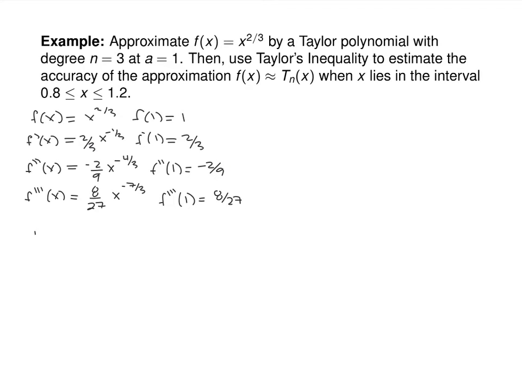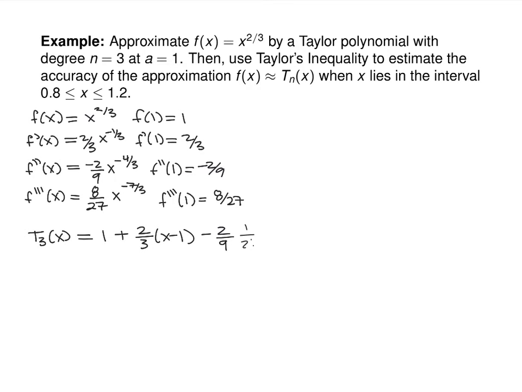So our Taylor polynomial, T3 of x, will be 1 plus 2/3 times x minus 1 minus 2/9 times 1 over 2 factorial x minus 1 to the second plus 8 over 27 times 1 over 3 factorial x minus 1 to the third.